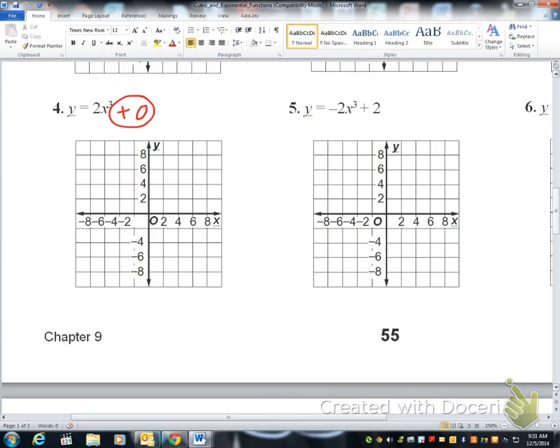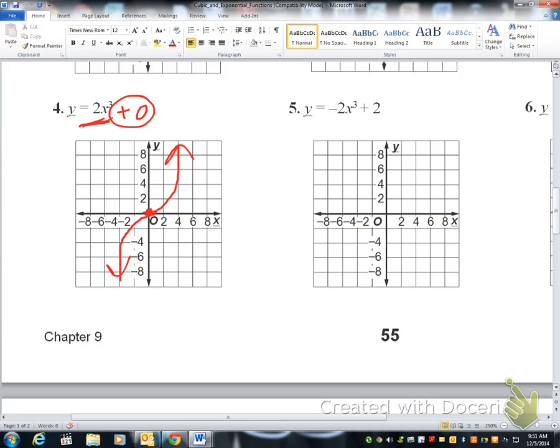So it's going to cross right through the middle of the graph. And then we can look at the coefficient. The coefficient of our x cubed value is positive 2, right? So it's going to look like our positive ones, which means it's going to start at the bottom, go through, and go up.